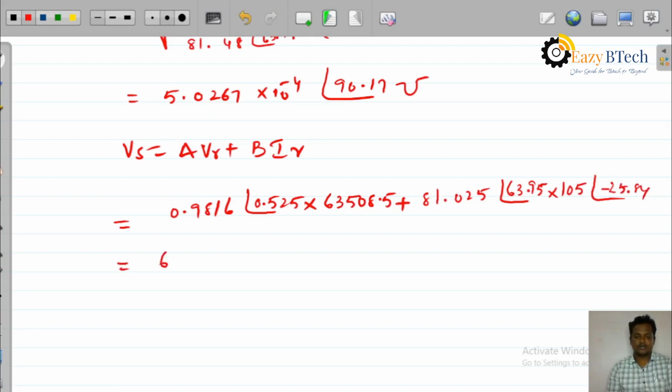Here the Vs value is 69213.26 at an angle 4.78 volts. Okay, this is the way we will calculate the sending end voltage.